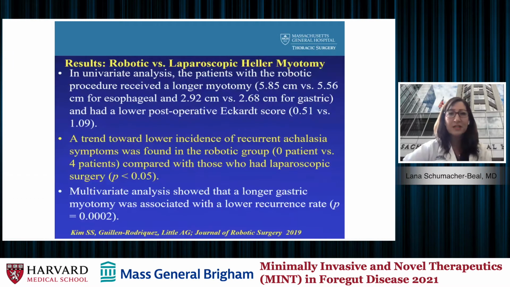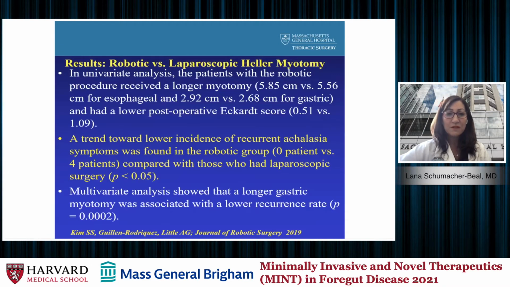So in a univariate analysis, he found that the robotic group received longer myotomies than the laparoscopic group and had lower postoperative Eckardt scores measuring dysphagia. And then there was a trend toward a lower incidence of recurrent achalasia symptoms found in the robotic group, 0 versus 4, which was statistically significant.